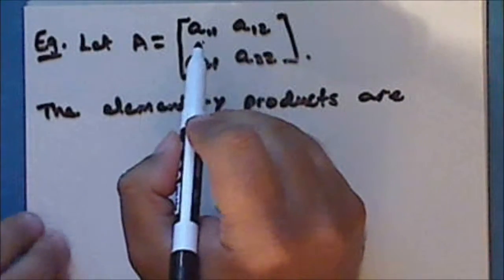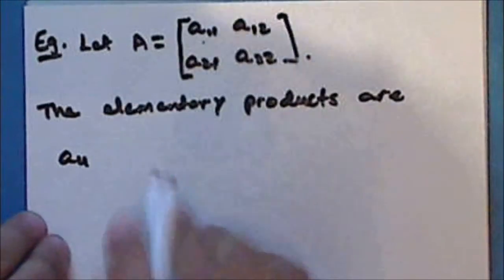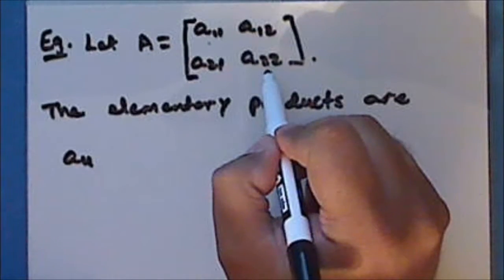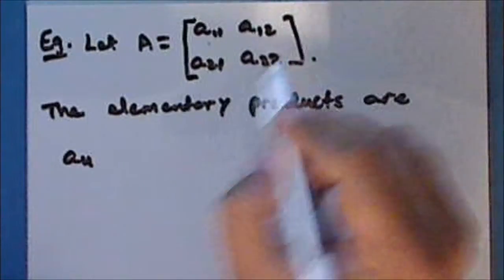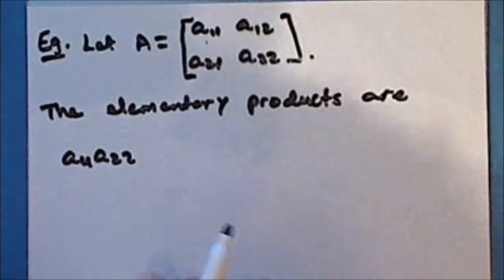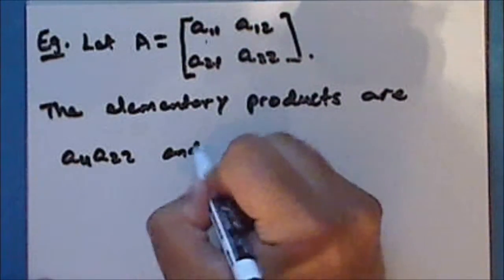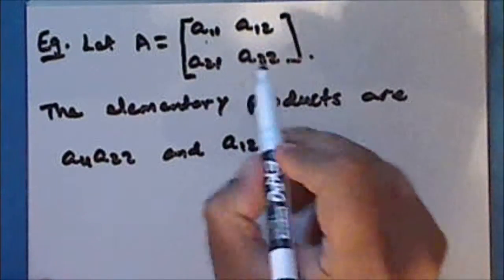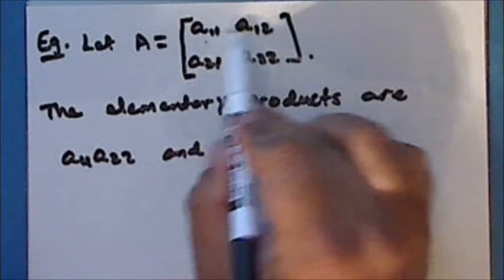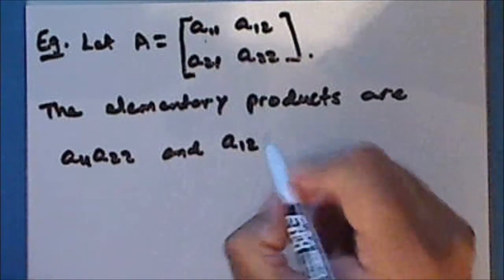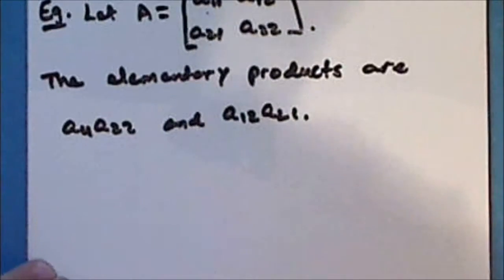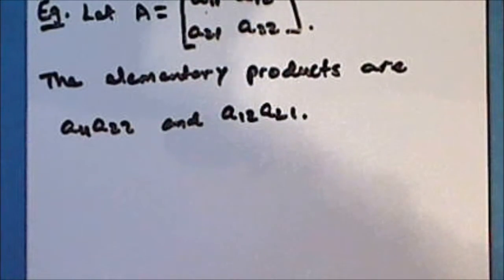If we choose the entry A sub 1, 1, then the only entry in the matrix that is not in the same row or in the same column is the entry A sub 2, 2. And if we choose the entry A sub 1, 2, then the only entry in the matrix that is not in the same row or the same column is A sub 2, 1. And so these are the elementary products of the entries of the matrix A.